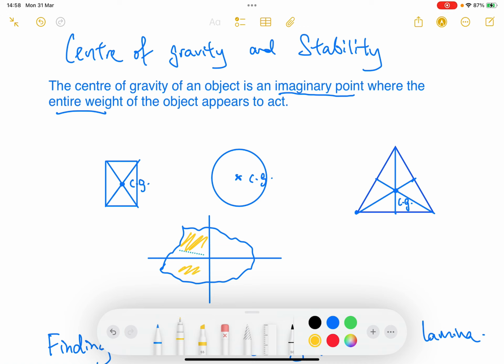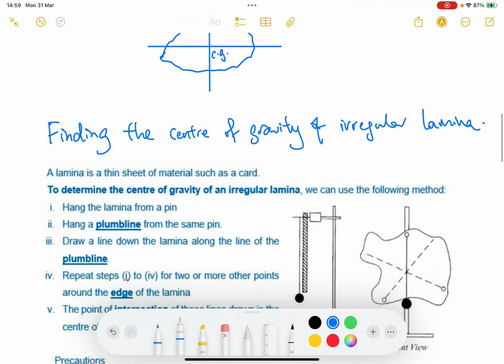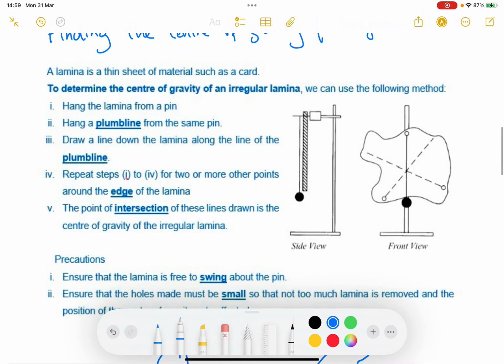On the left and on the right, the amount of mass is approximately the same. Okay, you can find the center of gravity in a very approximate way, that way. But the way to do it in the lab would be to do this.